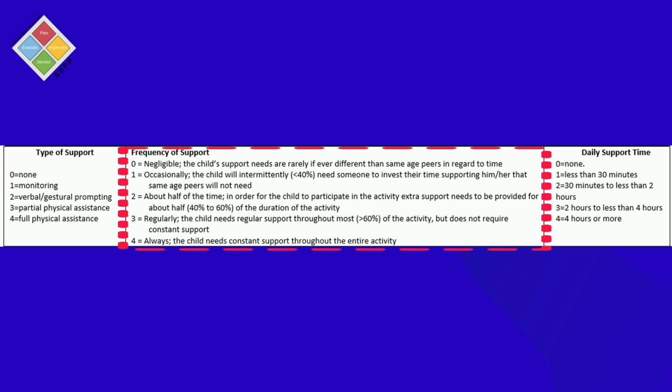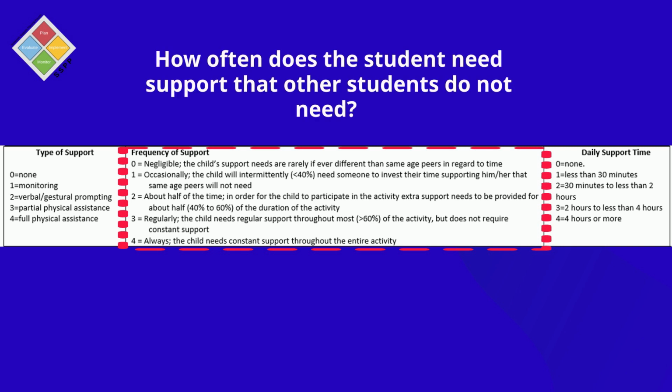The next dimension is frequency. Here, the focus is on how often extra support is needed. It is important to remember that the rating is not how often the activity occurs, but rather, if the activity were to recur on a regular basis, how often would the student need extra support that other students do not need?